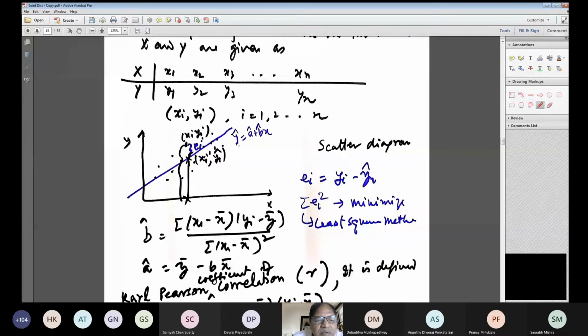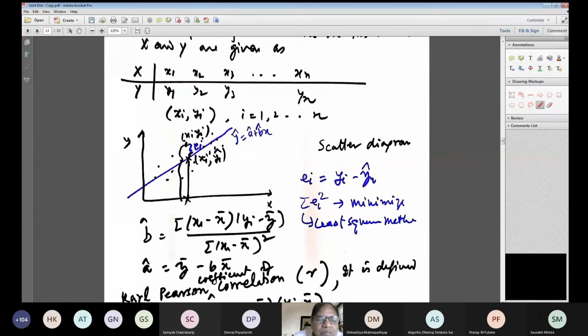The objective is that you have two sets of observations X and Y: x1 y1, x2 y2, x3 y3, xn yn, say height and weight, or whatever it may be. One variable is the dependent variable and another is the independent variable.